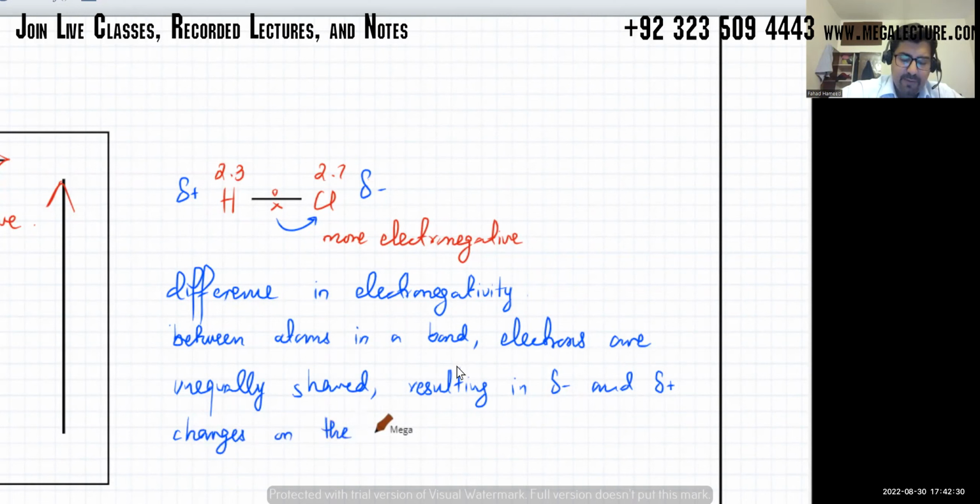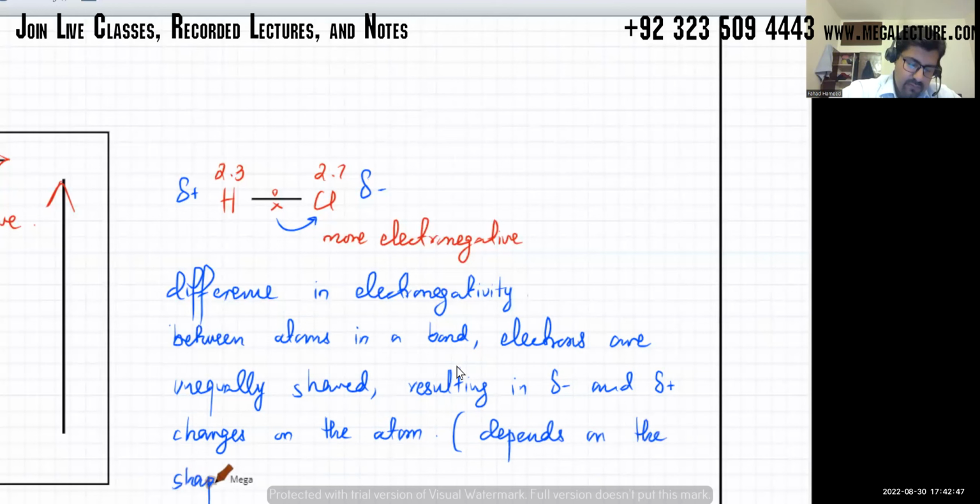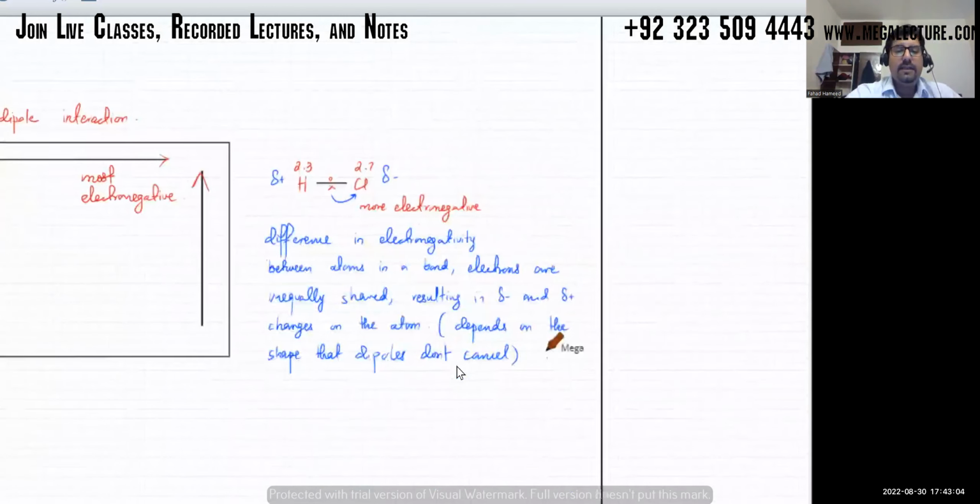The electrons will be towards one of the atoms. तो इसमें ये लिख लेना कि it depends on the shape as well. The dipoles don't cancel. वो हम अगली क्लास में पढ़ेंगे. लेकिन that's what a permanent dipole is.